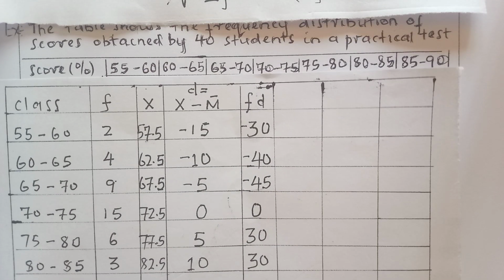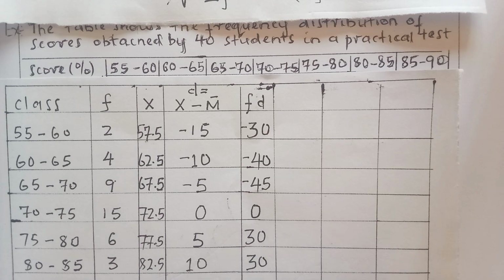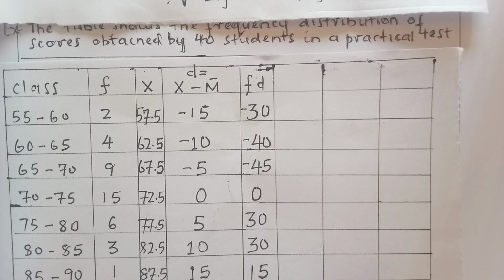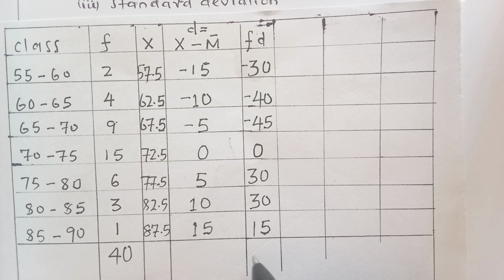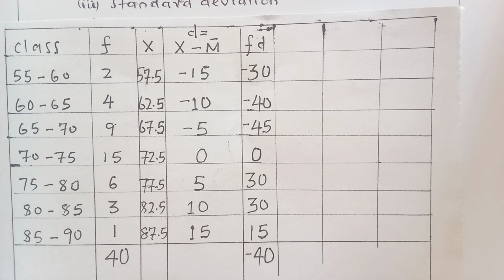And then now we add the FD. Let me add offline and then I come back to you. So this gives us minus 40. So that is our calculation, as you can see there.